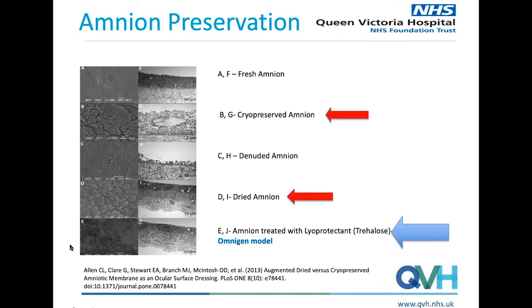These are some photographs of ultrastructural changes that happen during preservation. The top one is the fresh amnion, and the second one is the cryopreserved amnion. As you can see, there are much larger vacuoles in this setting. And this section D is about amnion being dehydrated following cryopreservation.